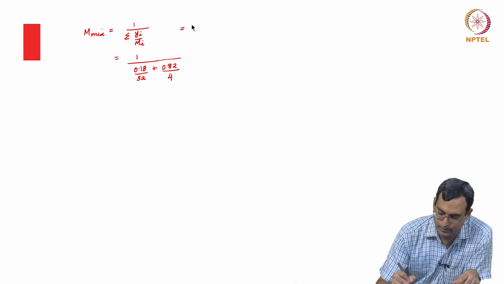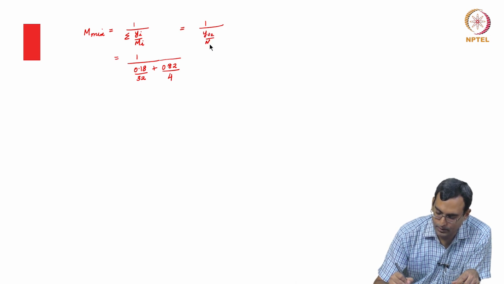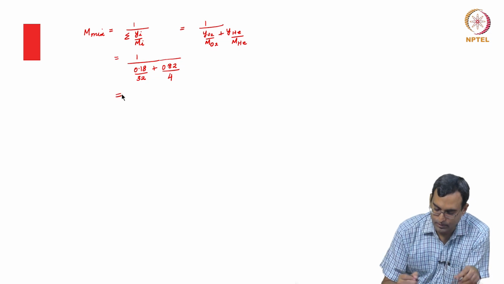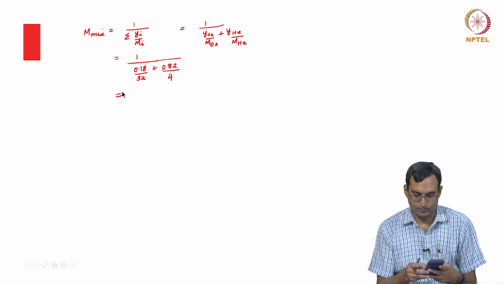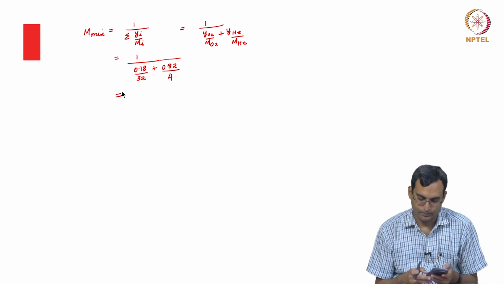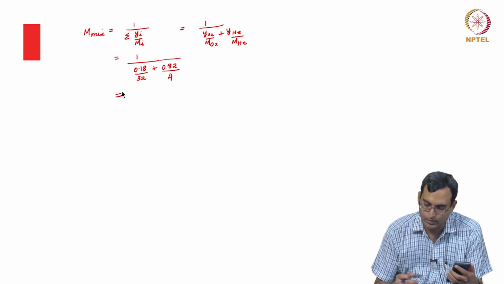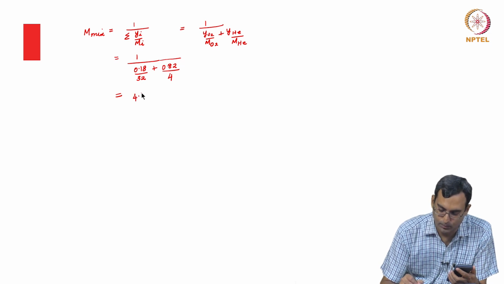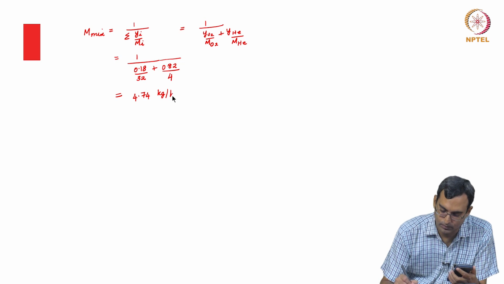Of course, I can expand this as 1 over YO2 by molecular weight of O2 plus Y helium divided by molecular weight of helium, which gives me this. So, I can now find out the values of this, which gives me a total molecular weight of 4.74 kg per kilomole.